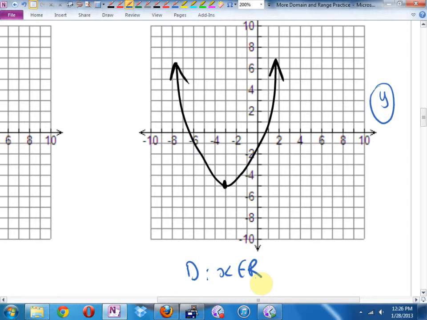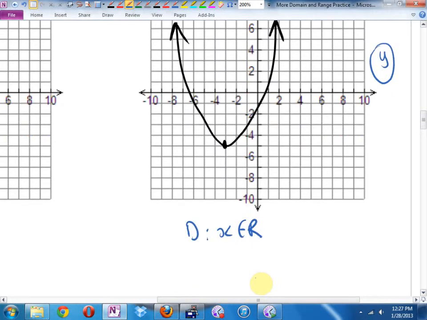Is the lowest. Touching? Yes. So what we really want to say is everything above what? Everything above and including or equal to negative 5. How do we write that? Well, it's range, so I'm going to put a letter R.